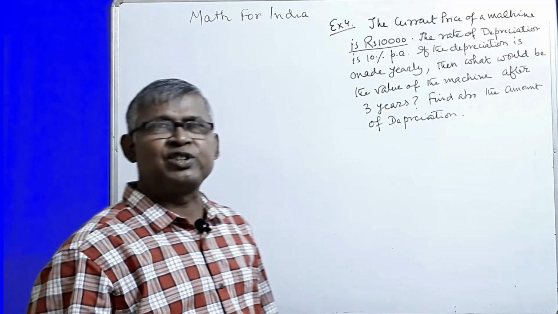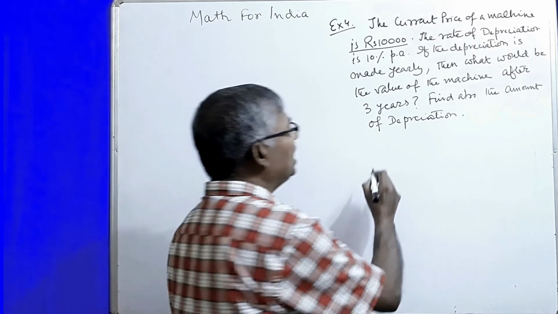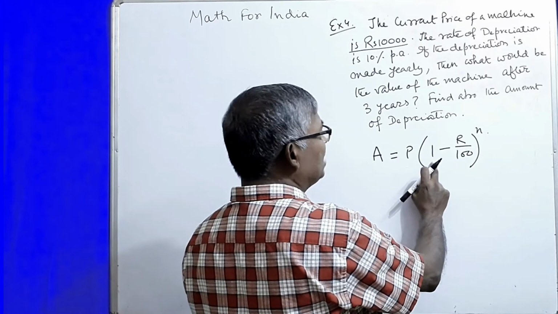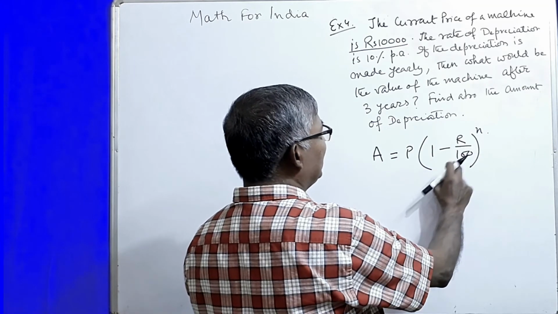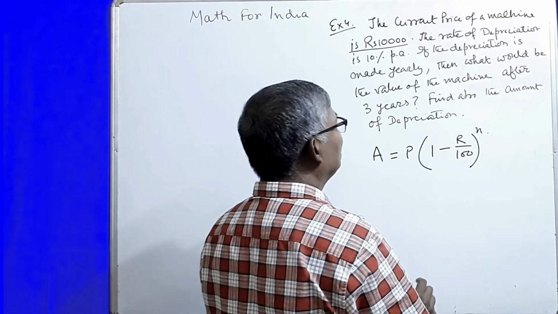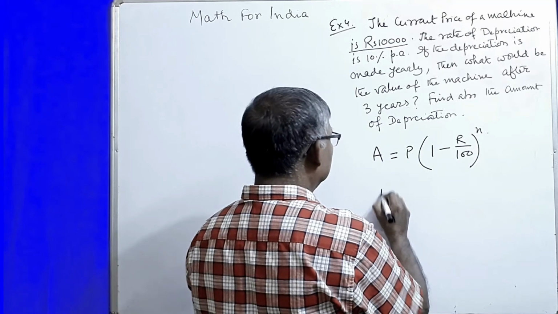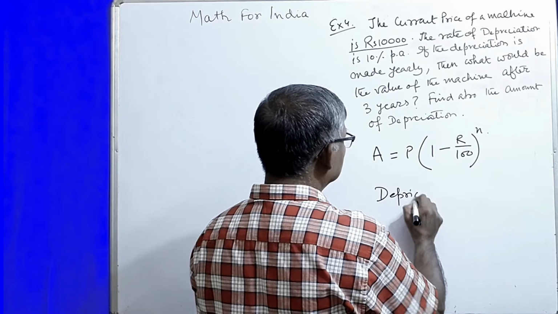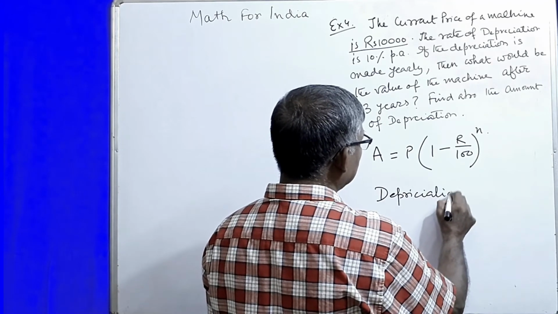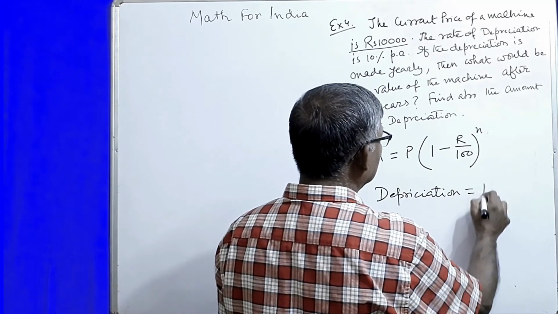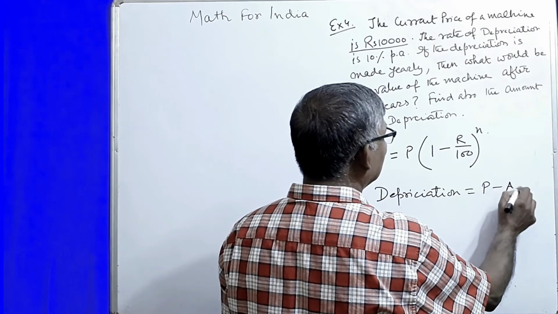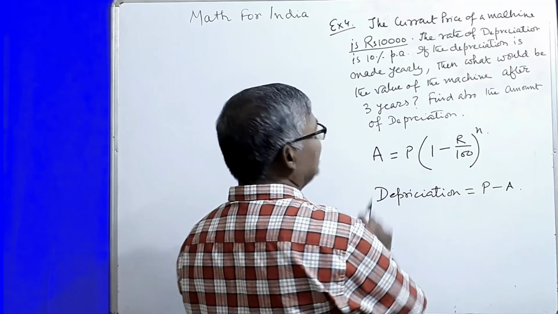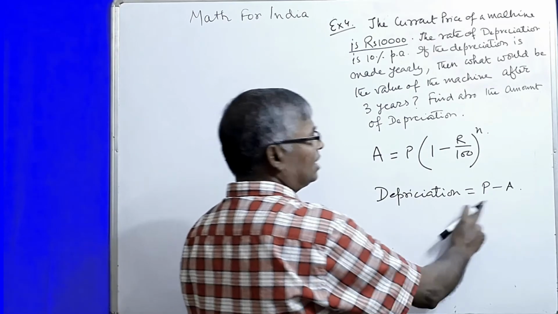In case of depreciation, the formula is A equal to P into 1 minus R by 100 whole to the power n, and amount of depreciation equal to P minus A, because after 3 years the value of the machine will be less, so P will be higher.